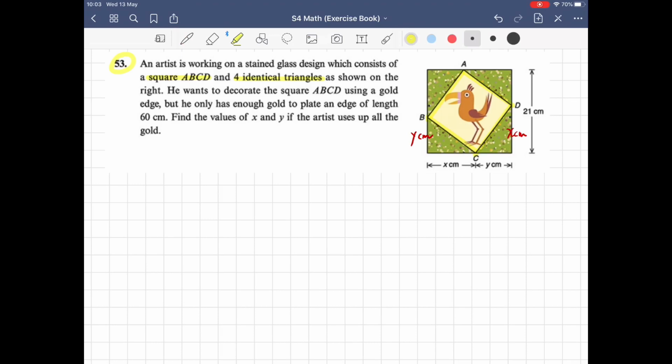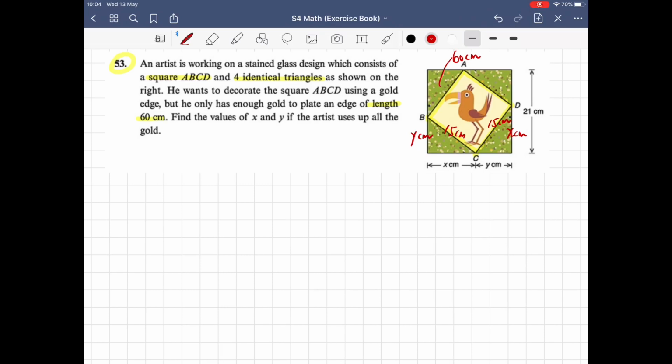Also, it is given that the length of the edge, that means the perimeter of ABCD, is 60 cm. So if it is 60 cm, each side will be 60 divided by 4, which is 15 cm.